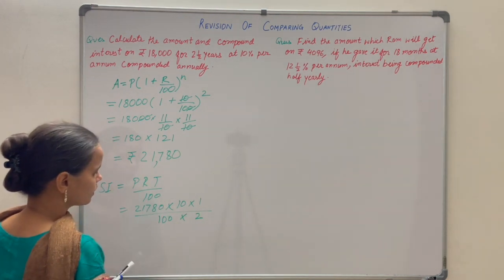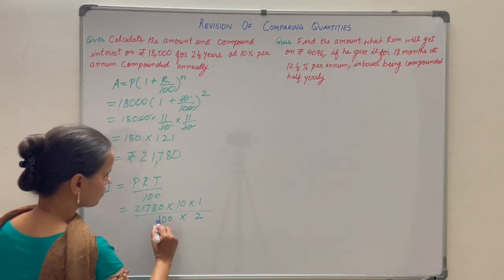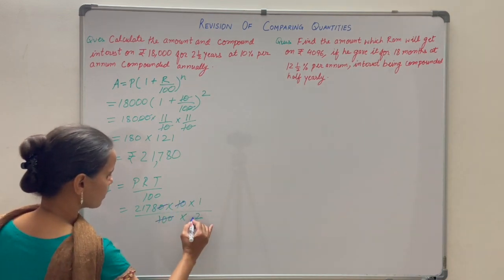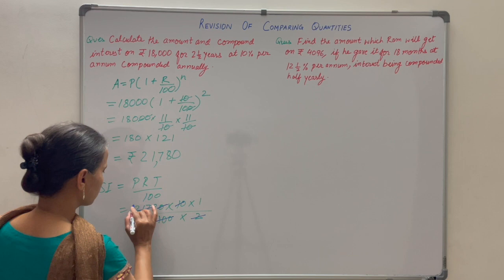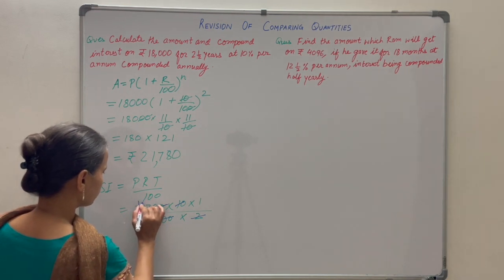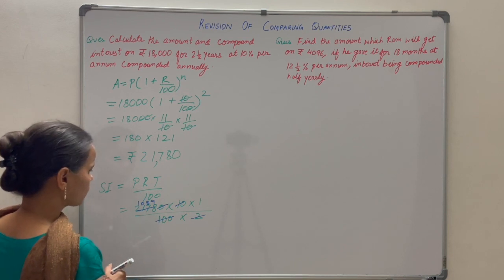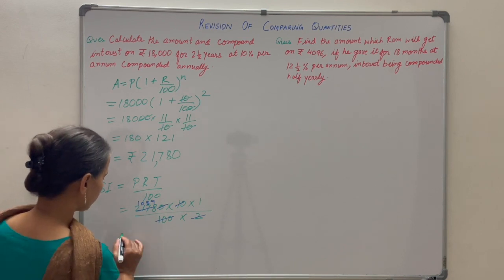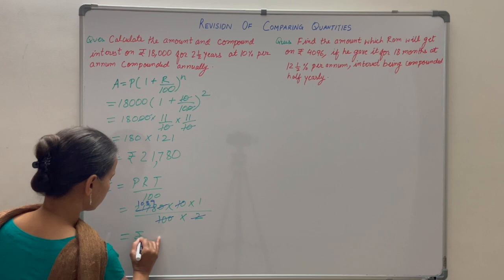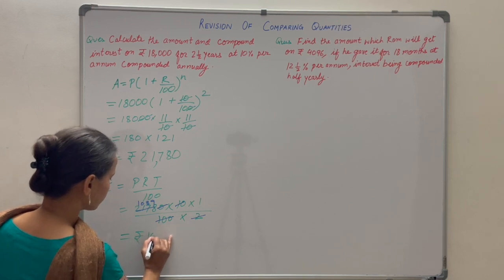So you can cancel the zeros now here. You can cancel these two zeros. And you can cancel 2 and this. So you will get 2 ones are 2, 2 8s are 16, 2 9s are 18. So you get 1089 is the interest for half a year.